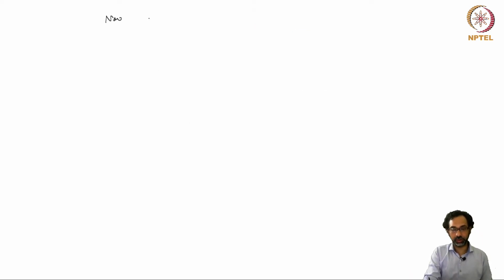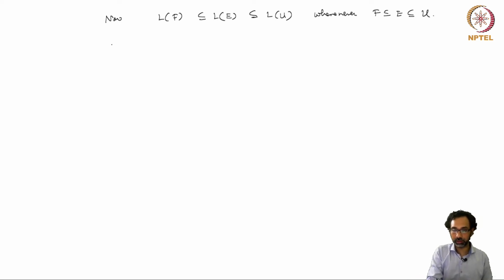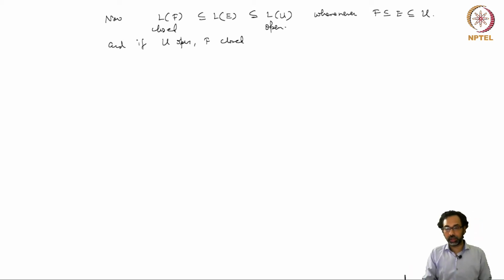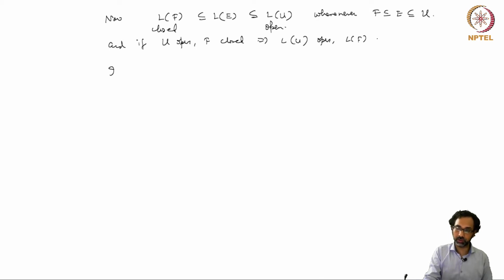Now observe that LF is a subset of LE, which is a subset of LU, whenever F is a subset of E is a subset of U, and if U is open and F is closed, then this is closed and this is open. Let me write: LU is open and LF is closed, as we have seen.